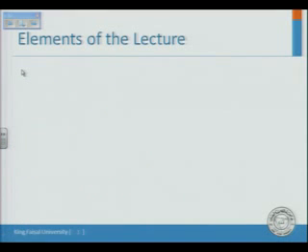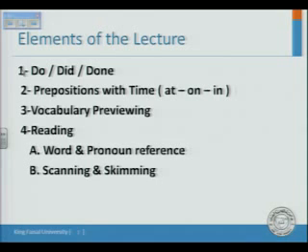So please, let's first have a look at the elements of lecture number 4. First, I'm going to explain the use of do, did, and done, and then we will move, inshallah, to prepositions, and just 3 prepositions: at, on, and in, with time only, not with the place, because you remember that we took prepositions with the place in maybe the first or the second lecture.